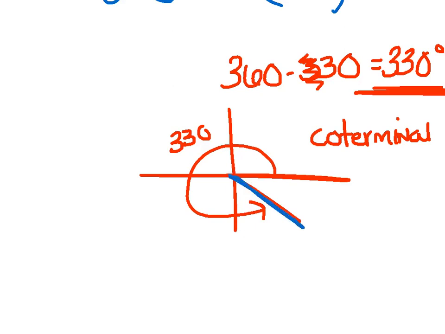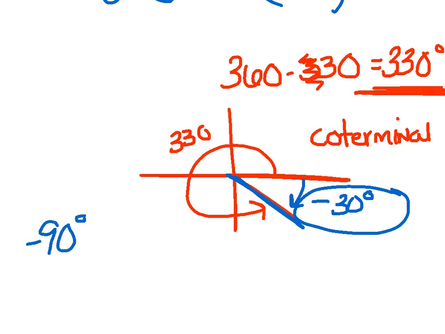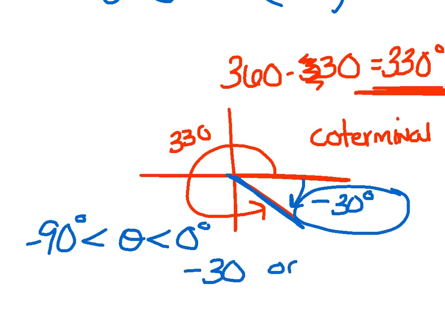It has to land on this line also. So you could go positive 330, or you could go negative 30 degrees. And that answer, in fact, falls within our domain from -90 to 0. So my actual answer here is -30, or if I put that in radians, -30 degrees is -pi over 6.